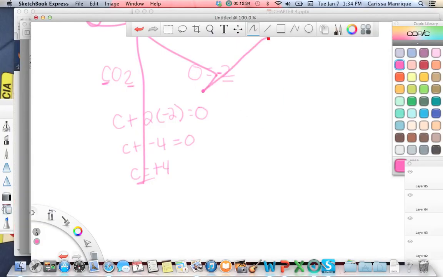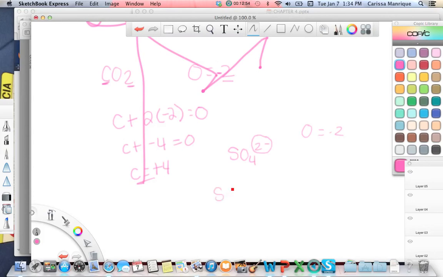Okay, so let's do SO4 2 minus. Again we know oxygen equals -2. Now you see I have a charge, so overall it's going to equal -2.